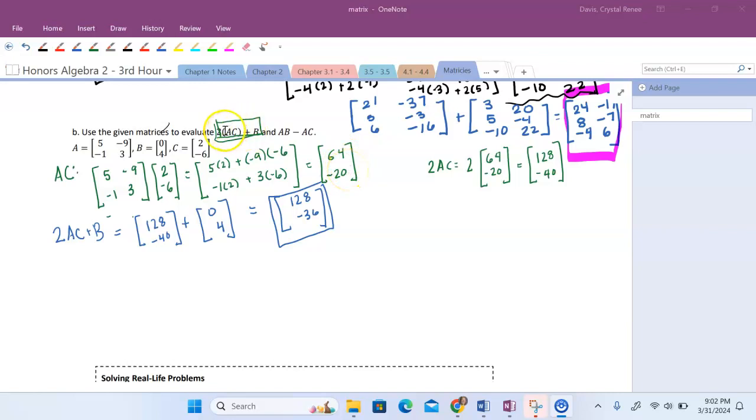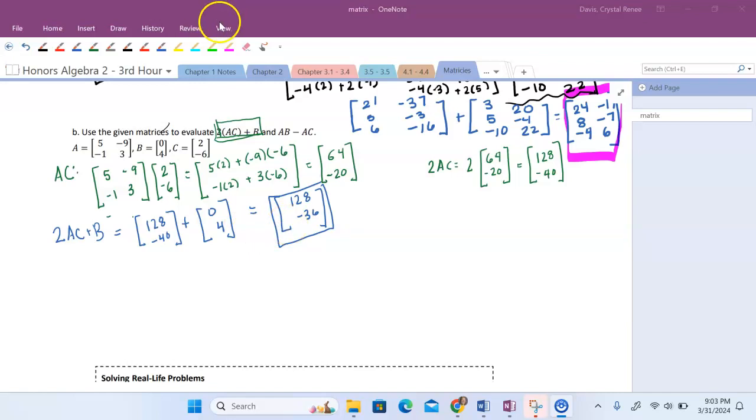And then remember this 2 here is a scalar, so that comes out front, and we just multiply each of the terms, or each element, if you will, of the matrix by 2. So we'd get 128 over -40. Now when I add 2AC to matrix B, which is just 0 over 4, I would get 128 over -36. So 2AC plus B is 128 over -36.